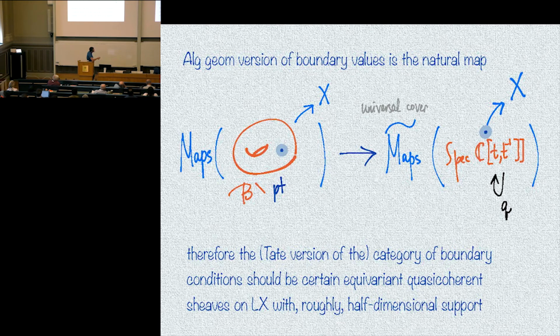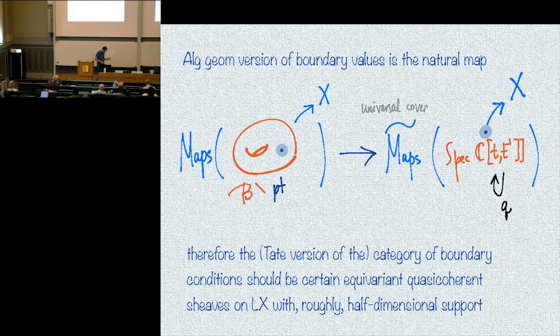And so then I'm going to get a map from this moduli space to some kind of loops, namely quasi maps from the formal punctured disk to X. And in fact, I'm going to go not even here, but rather to the universal cover, because if I have a map outside of this formal disk, then I have a canonical lift to the universal cover.